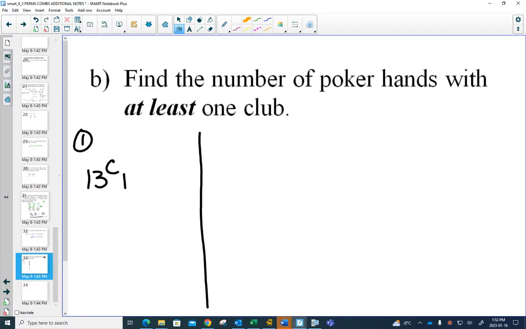I now take the other 12 cards, put them back in, shuffle the deck, and I have 51 cards left. I'm going to choose 4 more cards. 51 choose 4. I could get more clubs, but it's possible that I don't get any more clubs. But if I do it this way, my poker hand will have at least 1 club.